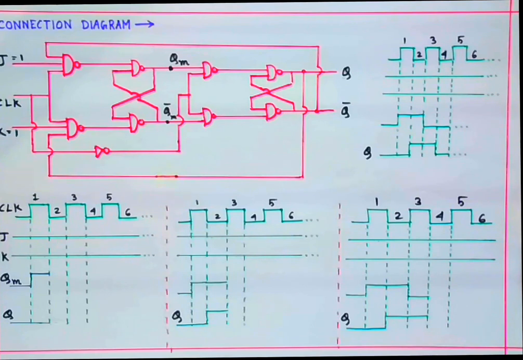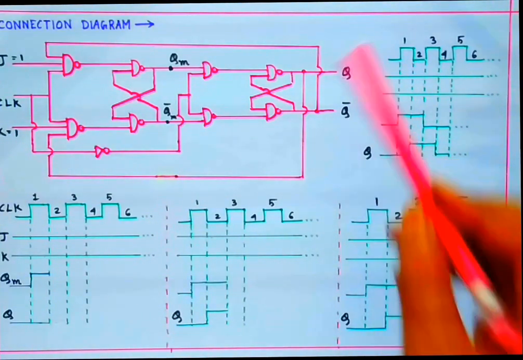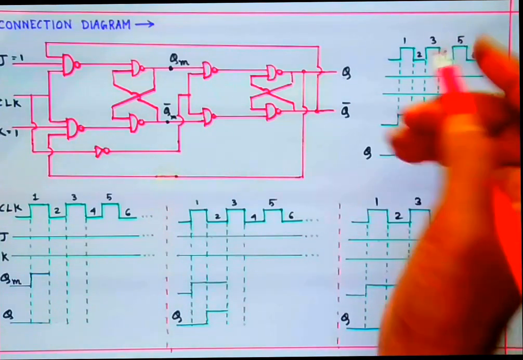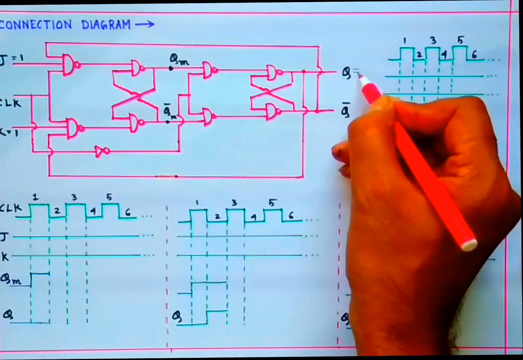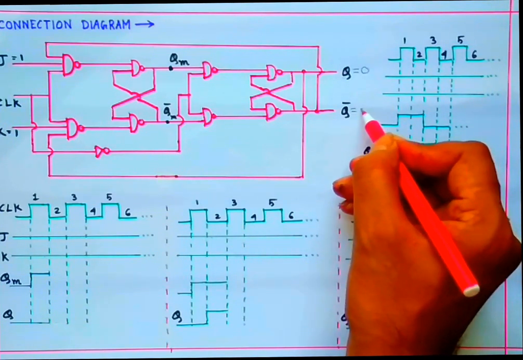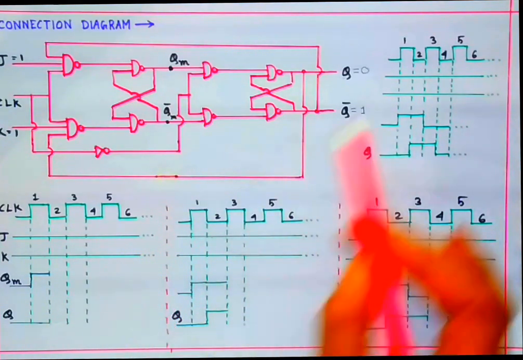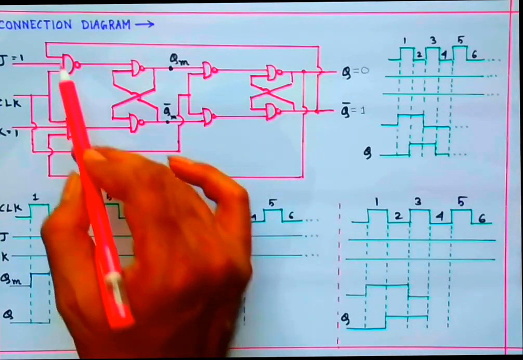So the initial state Q is equal to 0 means this Q was 0. Obviously Q bar will be 1. Clear? Now you can see that this Q bar is connected to this NAND gate.